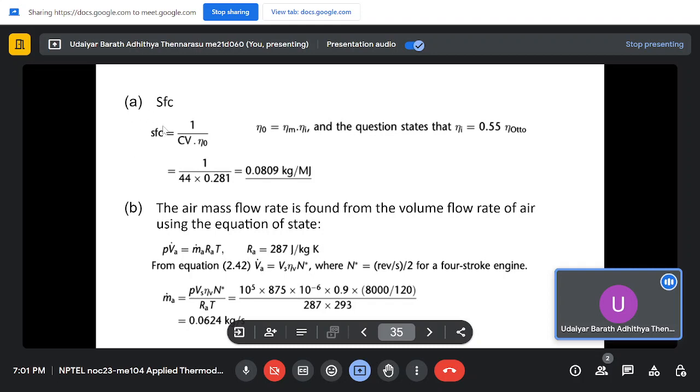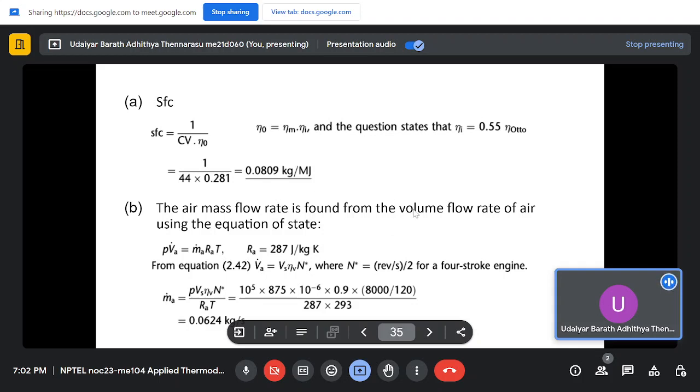So brake specific fuel consumption will give you 1 by cv into thermal efficiency. And this is defined as mechanical efficiency into indicated thermal efficiency, and based on the relations given and the values given, we can find out the overall efficiency. We substitute that, we know calorific value, we substitute that, we will get specific fuel consumption as 0.0809 kg per megajoule. The next question was to find out the mass flow rate of air.